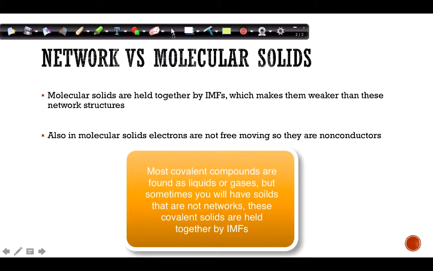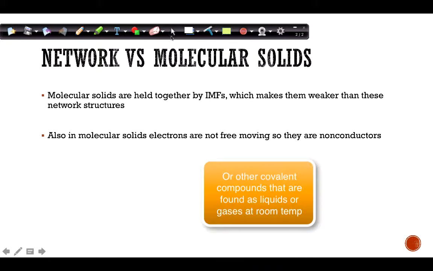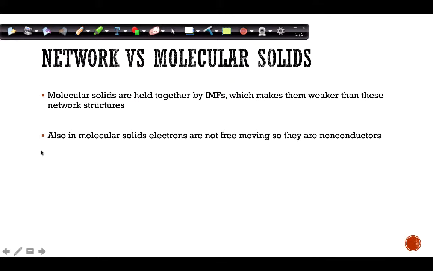But they still are stronger than other covalent compounds, like water. So in these molecular solids, electrons are not going to be free moving, so they're non-conductors. So something like solid iodine would be an example of that.